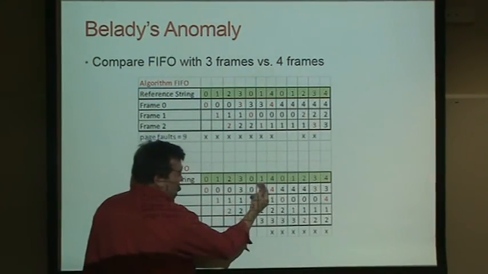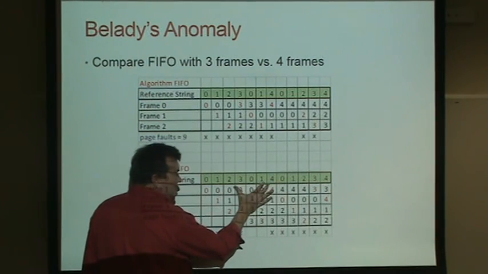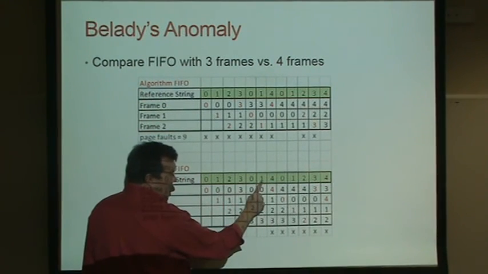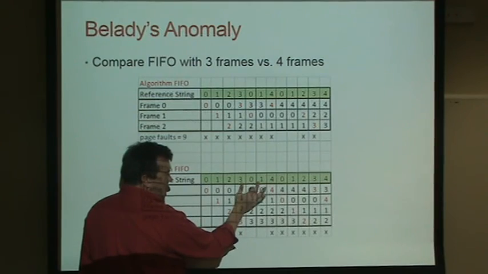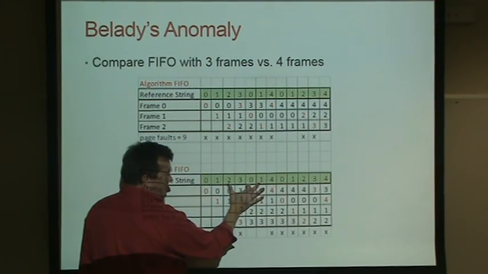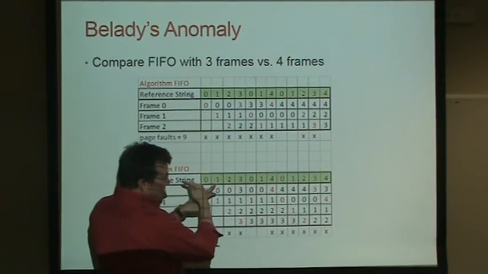You're looking at the most recent past. You're saying, well, 1's been around, 0's been around, 3's been around, and then 2. So you would kick 2 out.